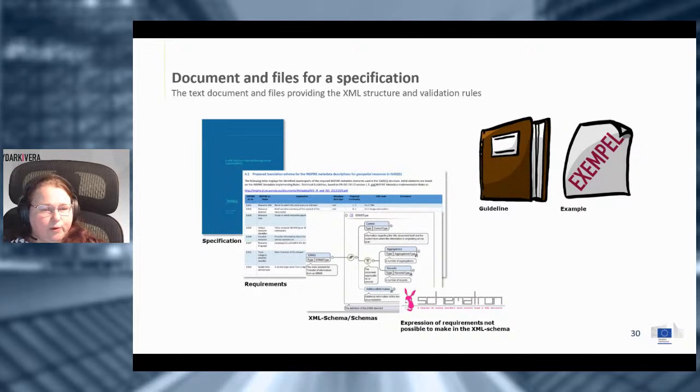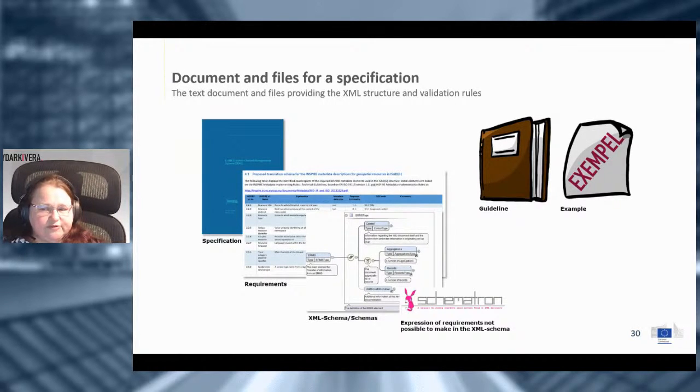And another part is that you need to have examples, preferably more than one, but we start off with one and gather more and more, so you can see the different specifications being used in different settings. So all those give us a specification.